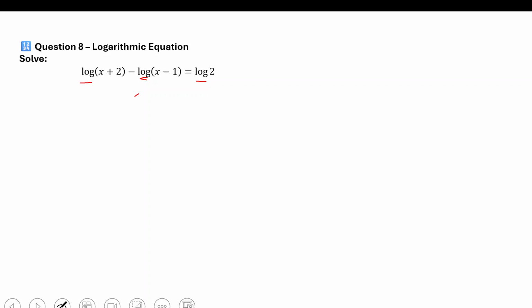I can write this as log of x plus 2, because I have minus, I'll write a division, over x minus 1. Then it's the same thing as saying log 2.